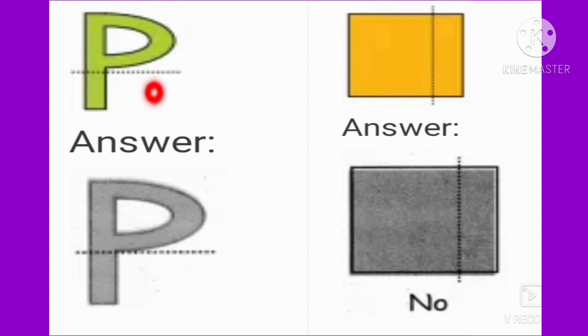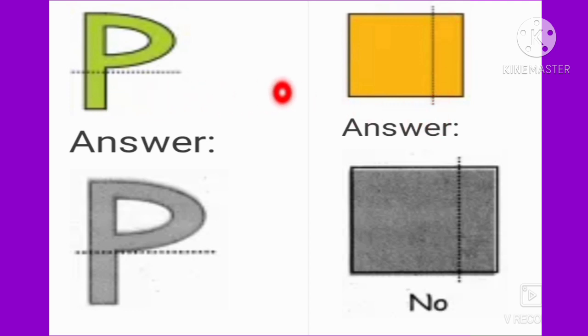So here there is no line of symmetry. And also note that the letter P does not have a line of symmetry. And here the line drawn is not a line of symmetry because it does not divide the shape into two equal halves.